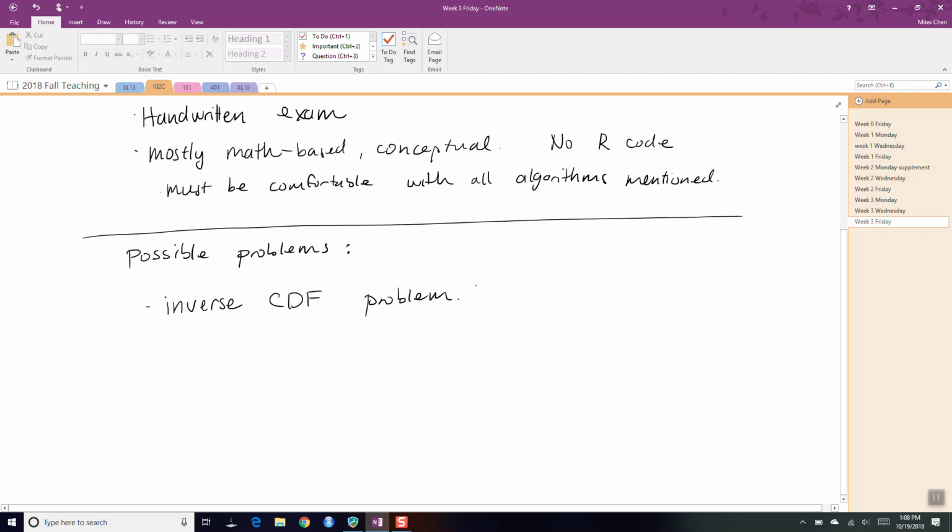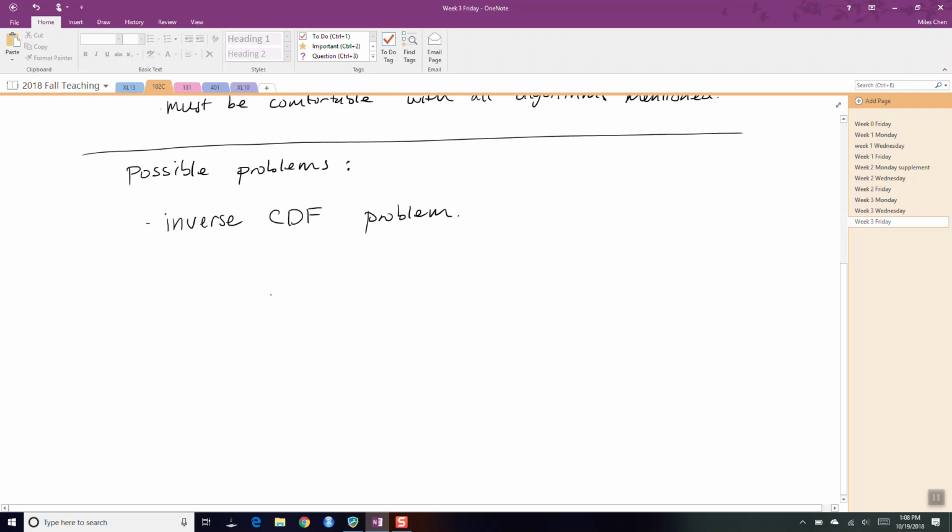Okay, and I'll provide a PDF, and you will figure out the CDF. Okay, and then you figure out the CDF's inverse.